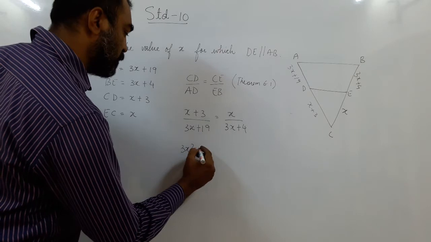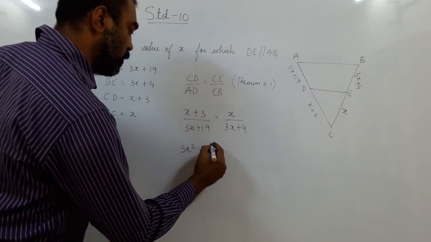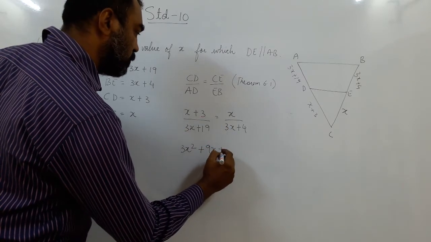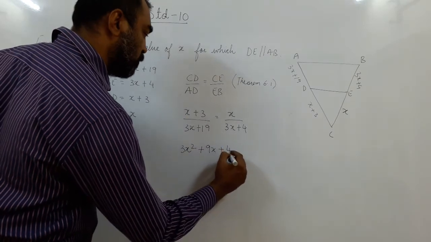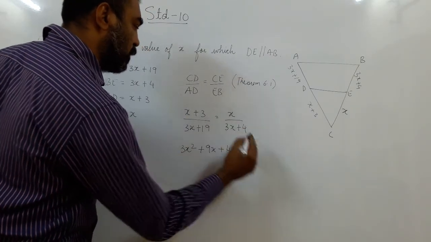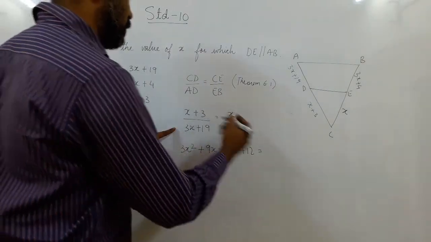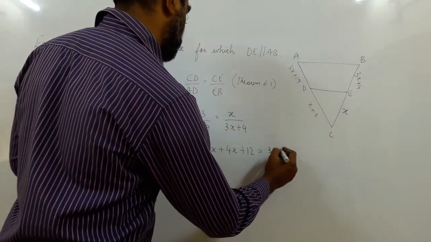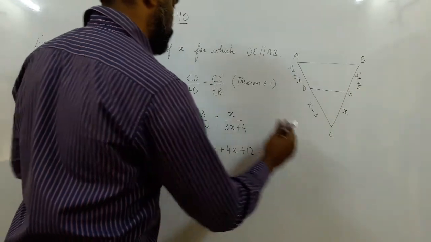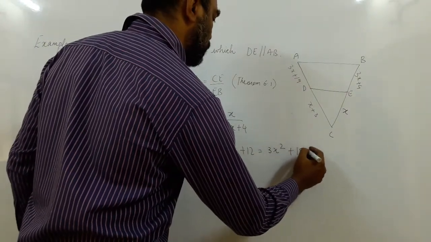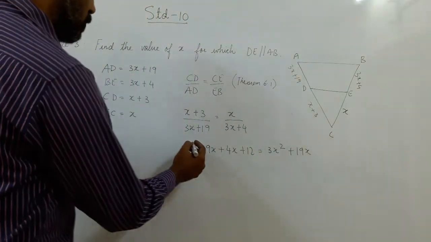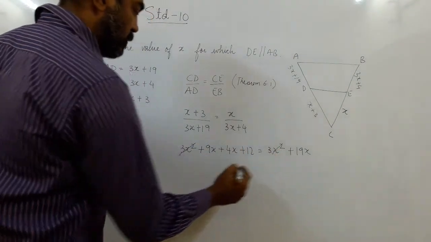3x into x, 3x square, 3x into 3, 9x, 4 into x, 4x, 4 into 3, 12, equal to 3x into x, 3x square, plus 19x. 3x square cuts on both sides.